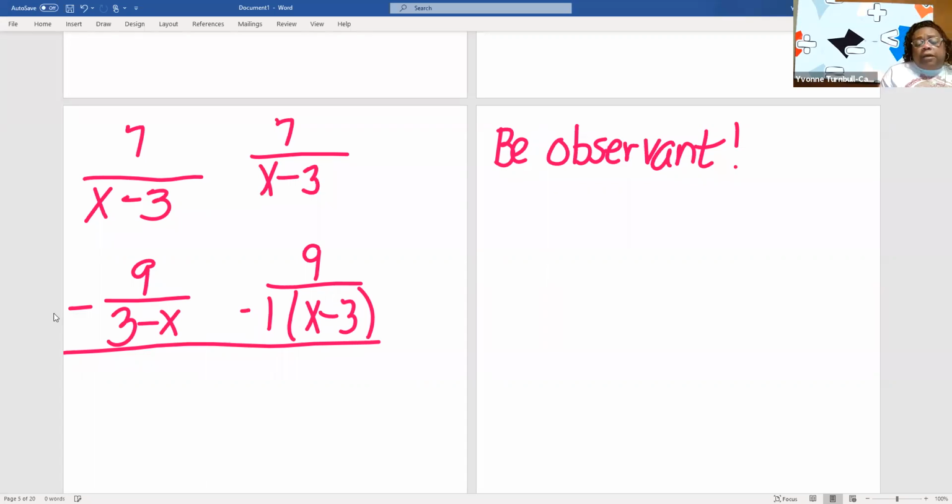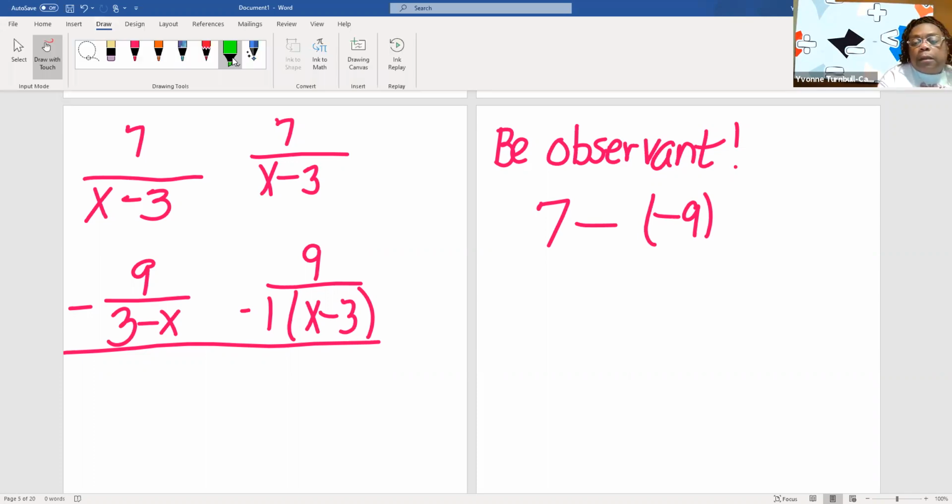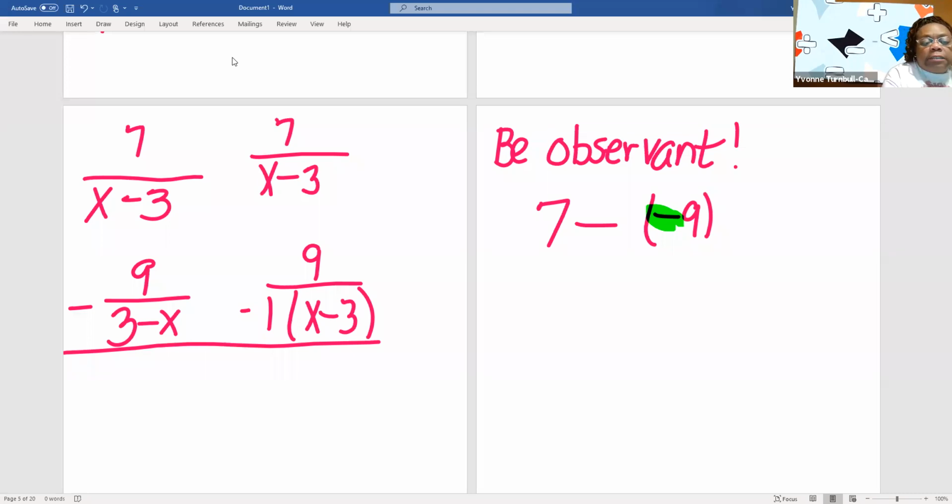So right now they have the LCD. Now let's go ahead and write one numerator, and be careful. Here's my 7. What kind of problem was it? A subtraction problem, right? Here's my subtraction sign. That negative sign that I've pulled out is still there. I'm going to highlight the sign that's the same.